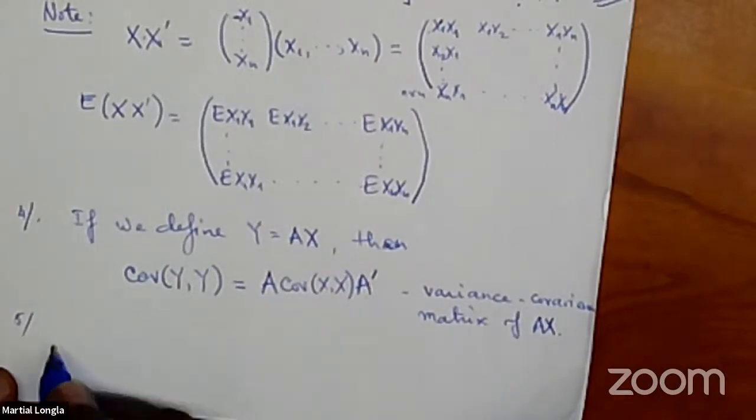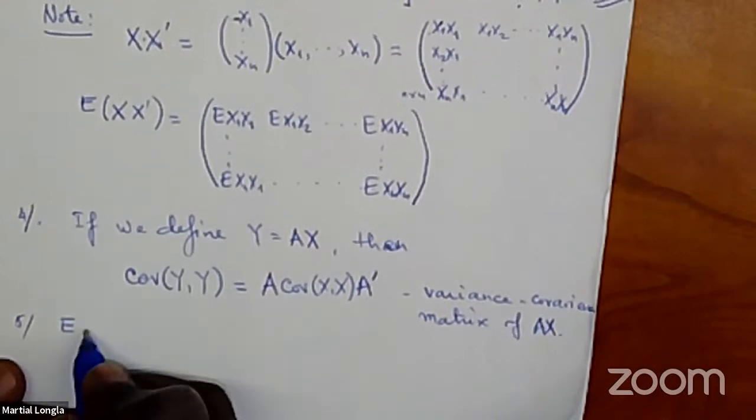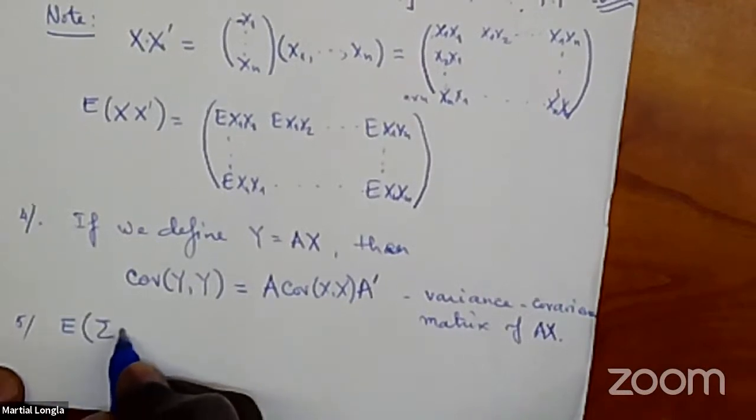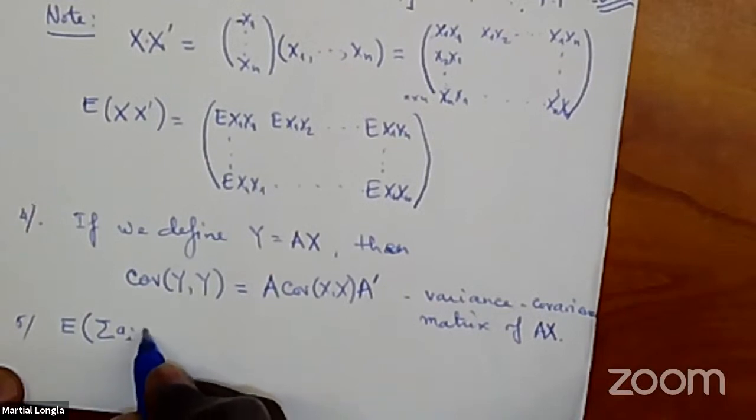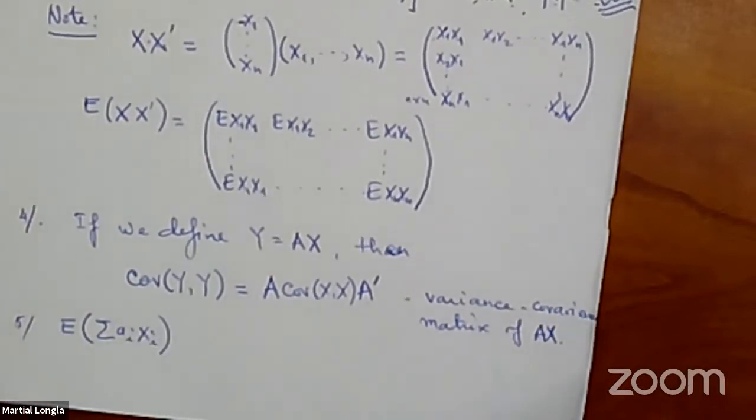For that same guy, the expected value of a sum of a_i x_i. This is a particular linear combination where you take one row, multiply by constants, and you just have one line, right?